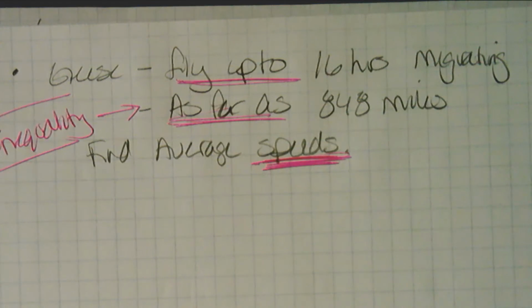What are we looking for? What is it that we're looking to find? Sophia? What is an average speed? Brendan? The rate.